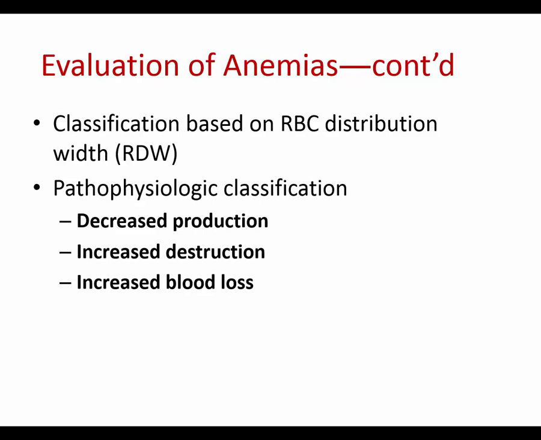You cannot have decreased RDW. You don't have such a thing. Okay? Because RDW is going to tell you the average difference in sizes of red blood cells. Another word for it is anisocytosis.